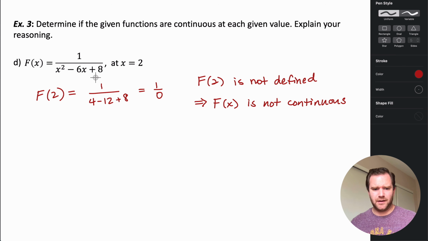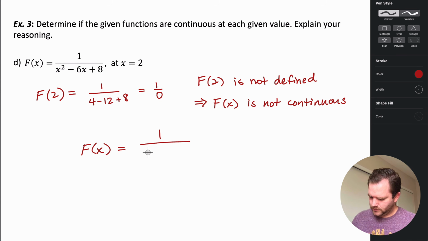Now, if you wanted to find the limit, this is actually going to be an infinite discontinuity because what we get here is a vertical asymptote. If you wanted to evaluate the limit, we could factor f of x to be 1 over x minus 2 times x minus 4.